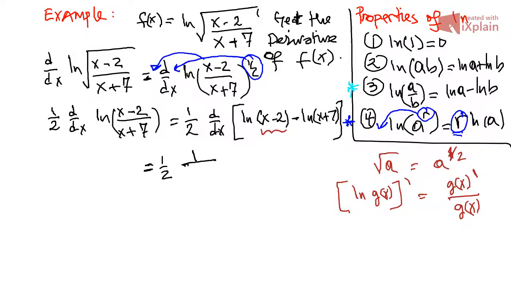Then again we divide by g of x itself, in this case it's x minus 2. I'm going to do the same thing for the second term. Take the derivative of x plus 7 with respect to x. It's 1 divided by x plus 7.